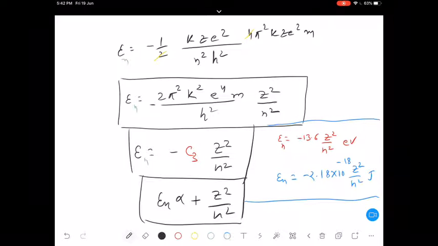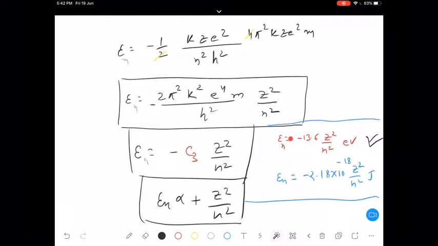I'll suggest you to remember this formula, because for one atom we will be defining energy in terms of electron volt, because we are going to take very small units of energy. For the time being you just remember that energy of electron is minus 13.6 z square upon n square electron volt.